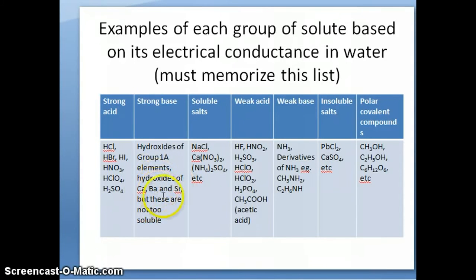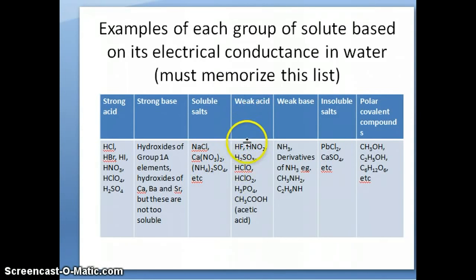They're strong bases, but their solubility is usually fairly low. And then you have soluble salts. These are things that dissolve in water very easily in large amounts. These are some examples of them, and we'll talk more about them in a second.